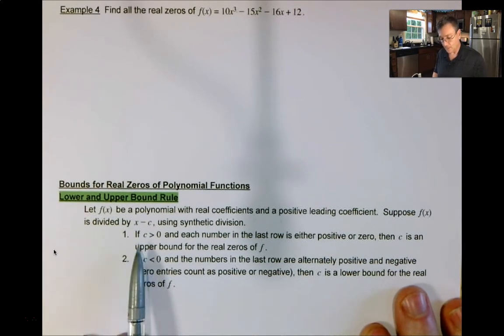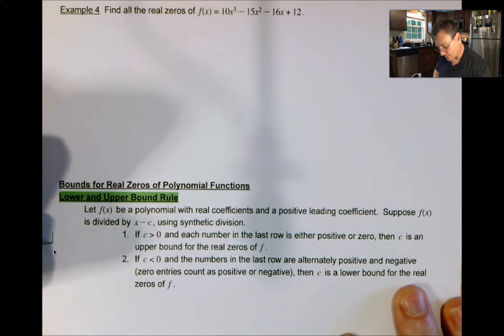The lower and upper bound rule: if I'm testing a possible 0 that is positive, and I do the synthetic division, and the bottom row ends up being, it's not a 0, and the bottom row ends up being all positives. So I'm testing some number, 3.